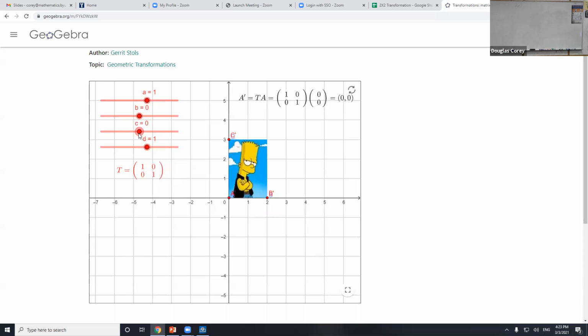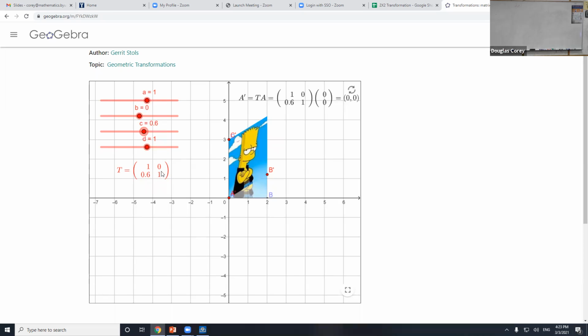To think about how far I go, remember the key theorem about finding the matrix that does the transformation: think about where 1, 0 and 0, 1 go. Where do our standard basis vectors go? In this one, my standard basis vectors are 1, 0 and 0, 1. 0, 1 stays the same.